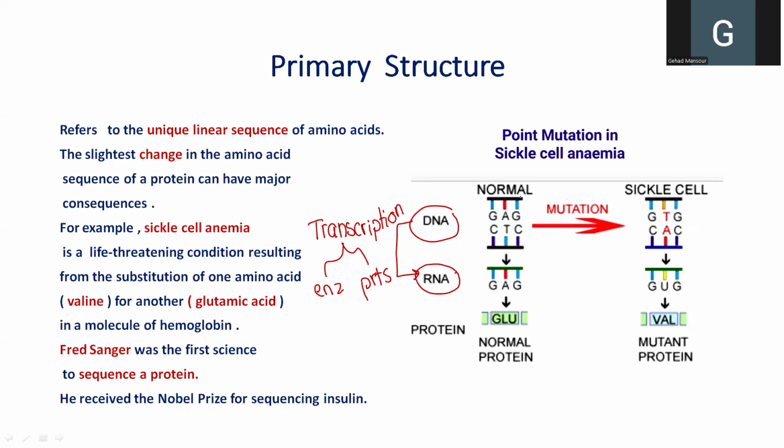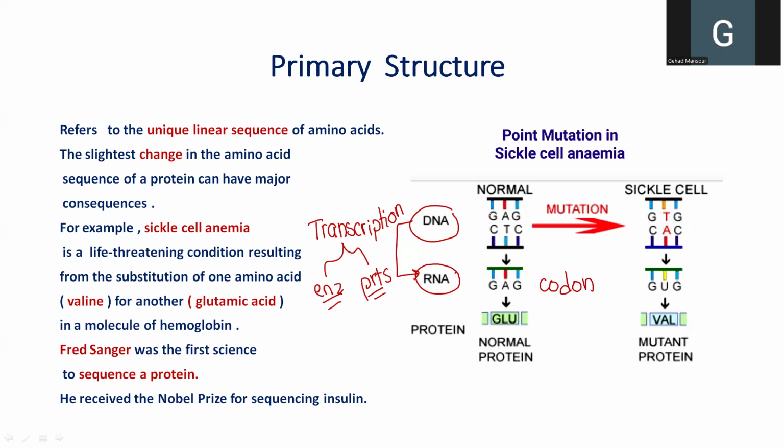So this is the double-stranded piece of DNA, and it consists of 3 nitrogenous bases. Every 3 nitrogenous bases on DNA, which we call the genetic code, will be transcribed via a process of transcription that requires transcription enzymes and transcription proteins into a sequence of nitrogenous bases on RNA, which we call a codon.